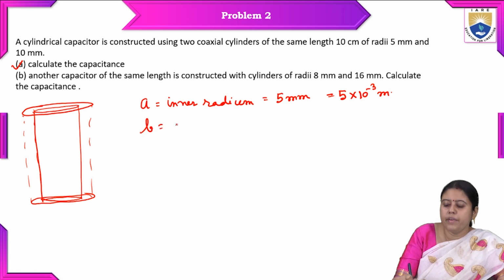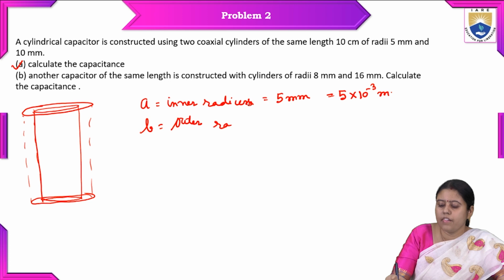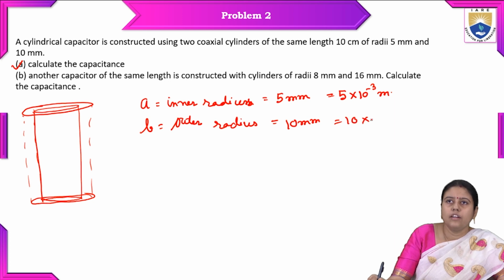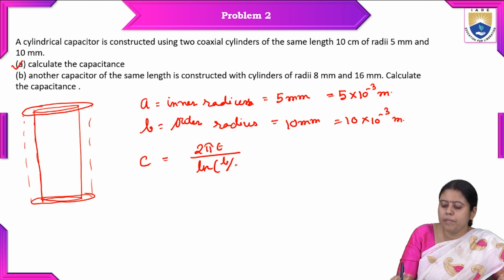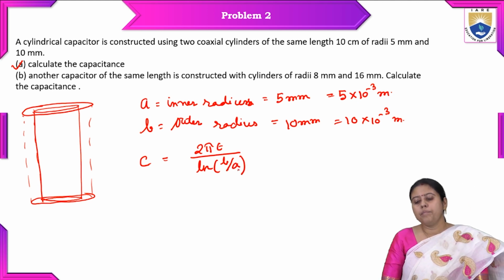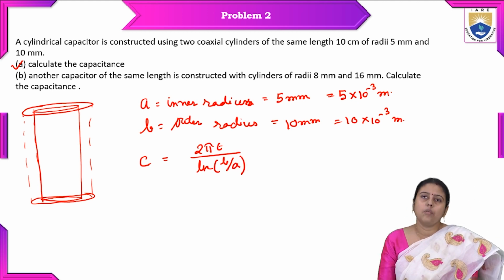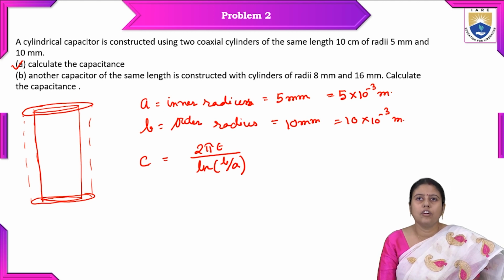What is B? B is the outer radius, equal to 10 mm, which is 10 into 10 to the power minus 3 m. So what is the capacitance? The capacitance is 2 pi epsilon L by ln B by A. B is the radius of the outer surface, and A is the radius of the inner surface.